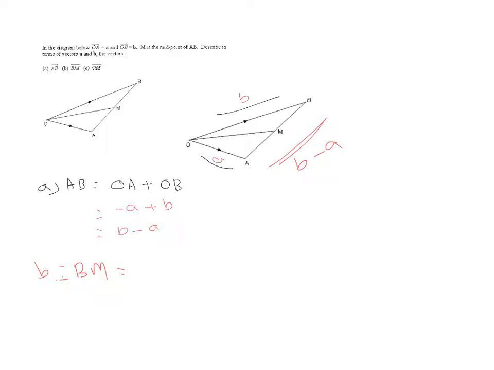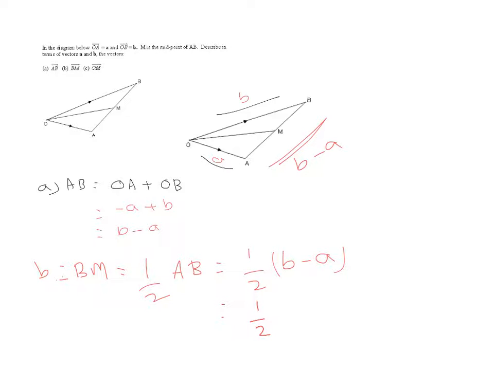So if you want to come directly B to M, we need half of AB. Half of AB is B minus A. But we can't use this directly because from B to M we are coming in the opposite direction, so that changes the sign.